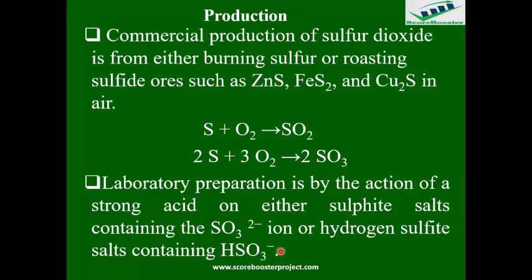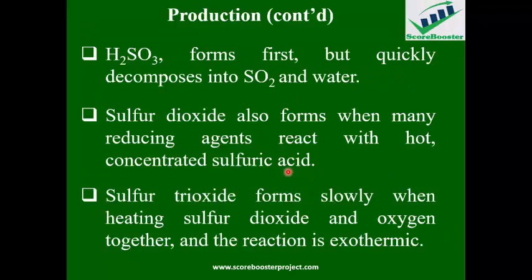When you have a strong acid like H2SO4 or HCl reacting with a sulfite salt, you then have sulfur dioxide. H2SO3, that is another sulfur compound, is formed first, then slowly decomposes into this.